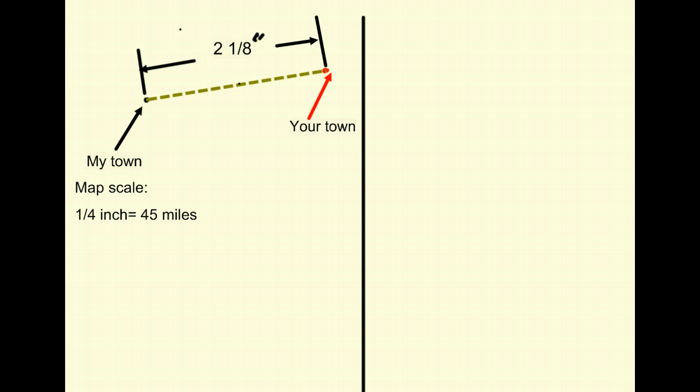On the map it says 1/4 inch equals 45 miles. So what I'll do is set up my equation and say: X miles is to 2 1/8 inches as 45 miles is to 1/4 inch.